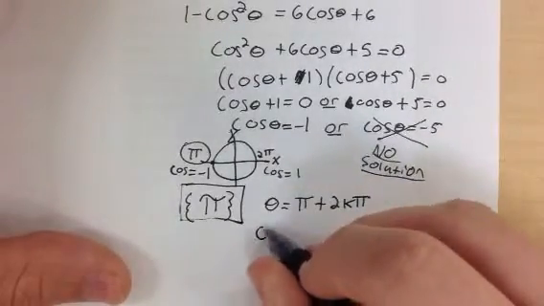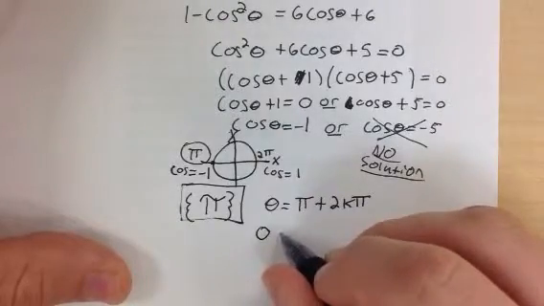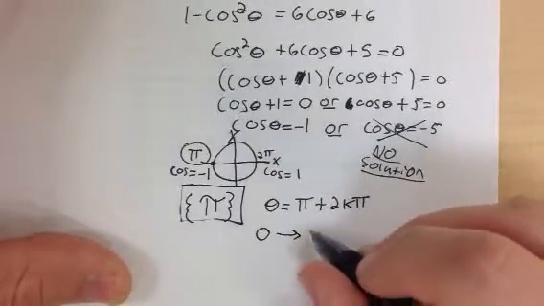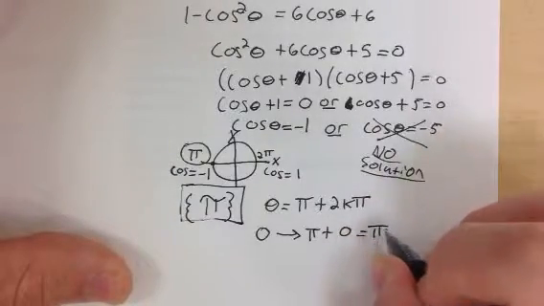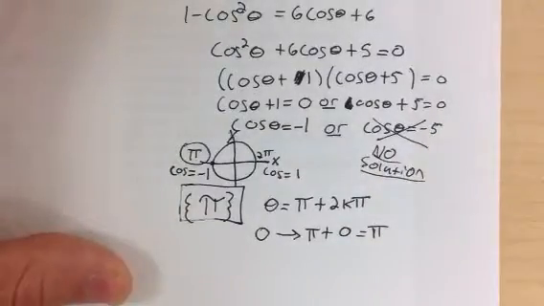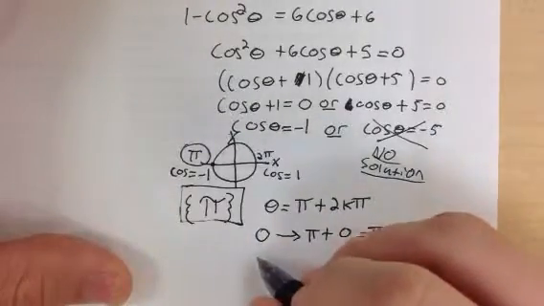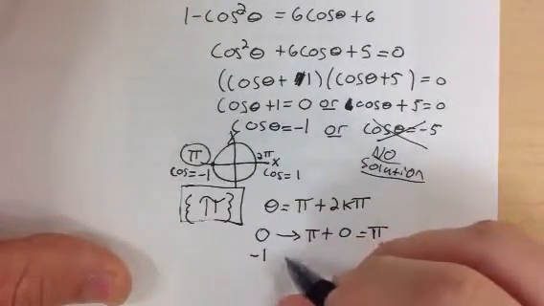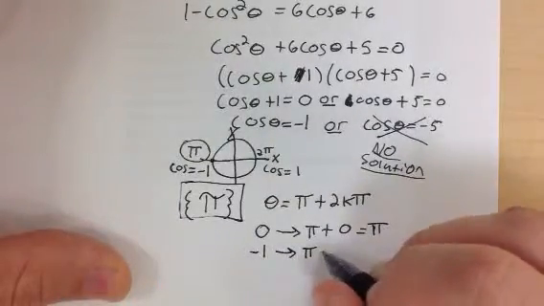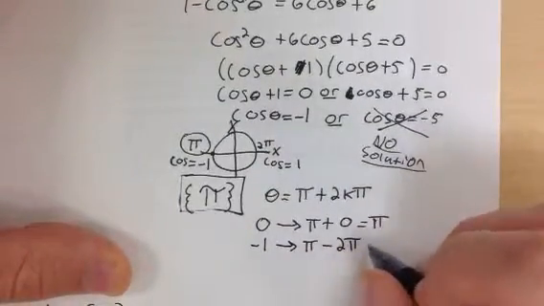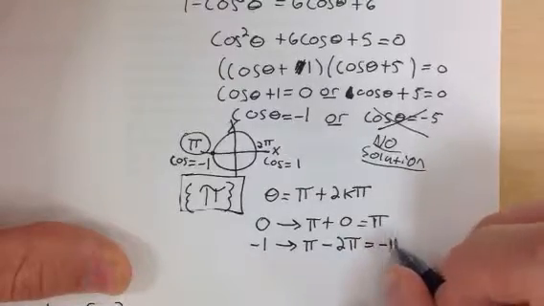So if you plug in 0 for k, you have pi plus 0, which equals pi. That's in the range of 2 pi. And if you go for -1 for k, you have pi minus 2 pi, and that leaves you with -pi.